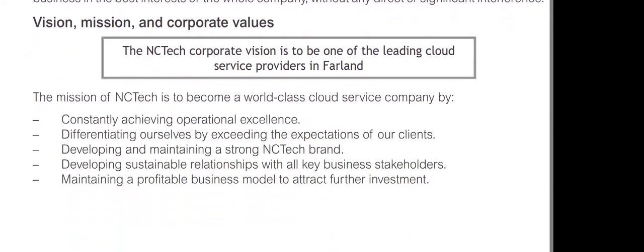Then you have been given the vision, mission, and the corporate values of the company. And that is to be one of the leading cloud service providers in Farland.